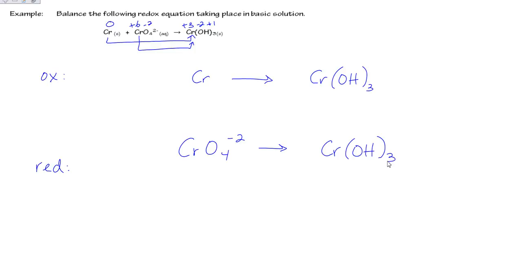The first one, I've got 1 chromium on each side, so we can attack the oxygen by adding water. We need 3 of them on the reactant side. Then I balance the hydrogen by adding hydrogen ions. So this starts out just like an acidic redox. I have 6 hydrogen on the reactant side and 3 on the product.